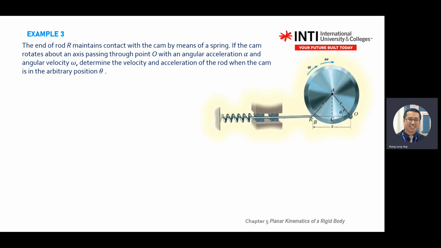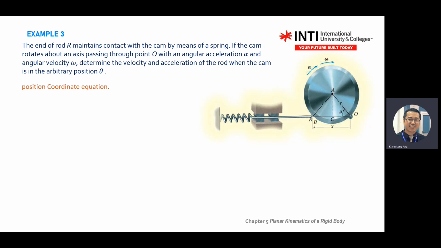If the cam rotates about an axis passing through point O with angular acceleration alpha A, it means this one will rotate. Determine the velocity and acceleration of the rod when the cam is in arbitrary position theta.